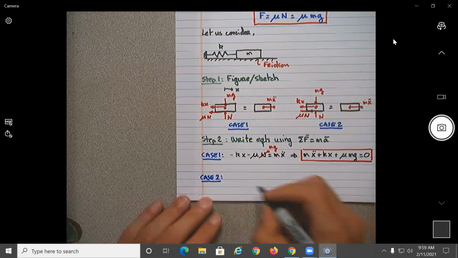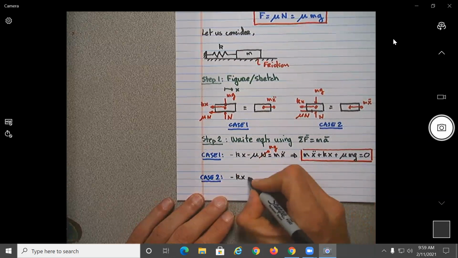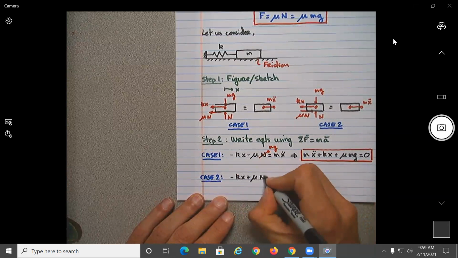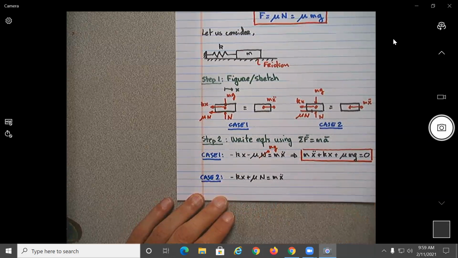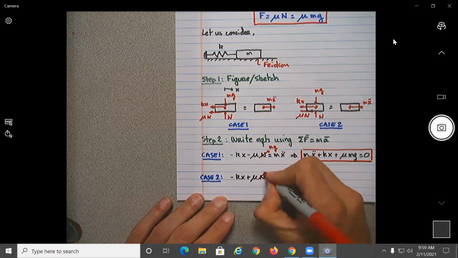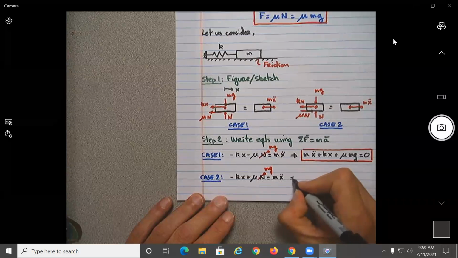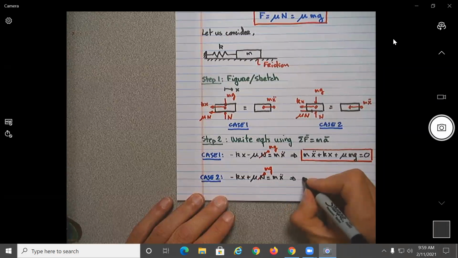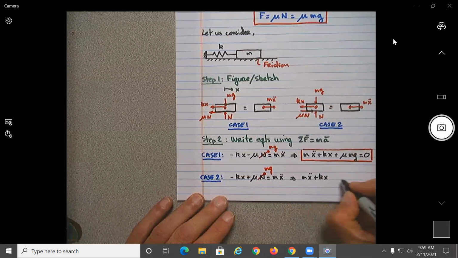And for case 2, we have basically the same thing. The only thing that changes is the mu sub n, so minus kx plus mu sub n equal to m x double dot. So this is equal to mg. So we're going to get m x double dot plus kx minus mu times mg equal to 0.